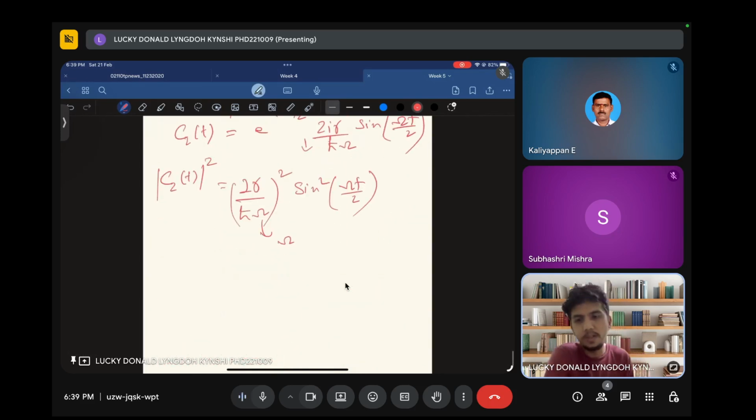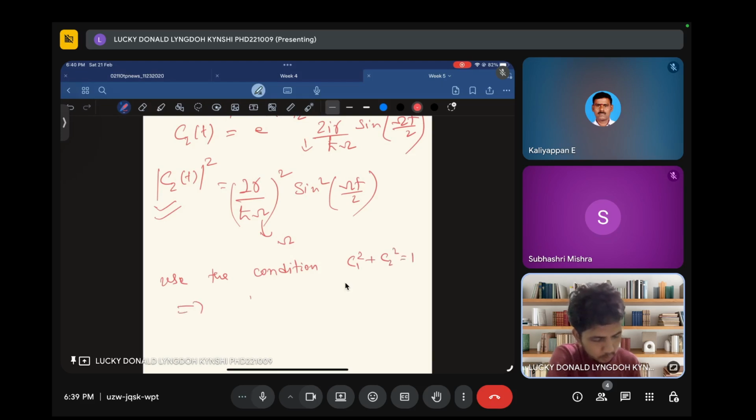So the question, we need to find C1 square and C2 square. C2 square we already got, and how do we get C1 square? Easy. You use the condition C1 square plus C2 square equal to 1.